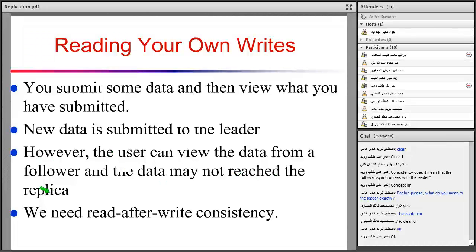But it's possible that we connect to an asynchronous follower, and unfortunately we see outdated data, not up-to-date information.